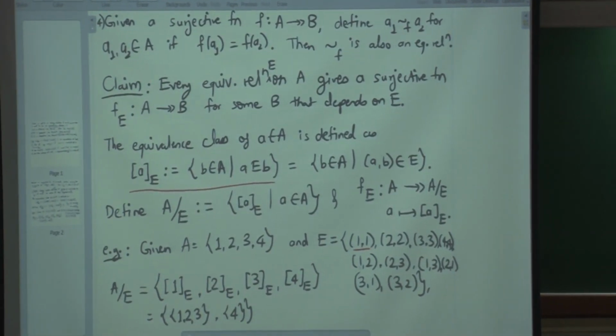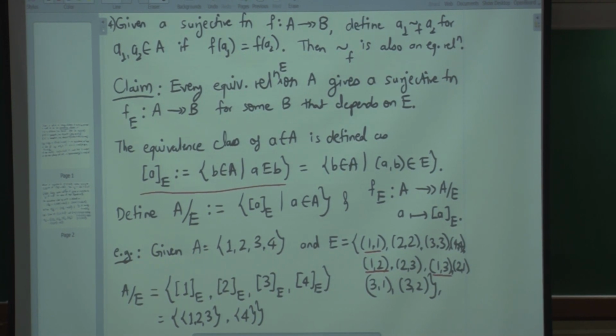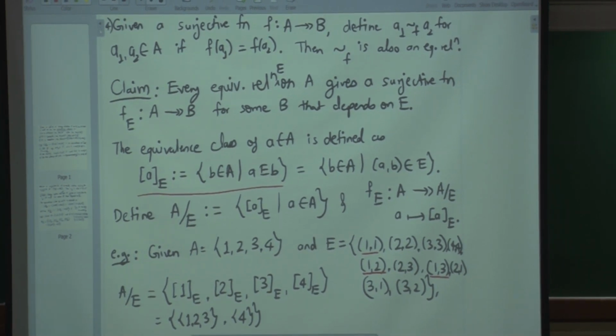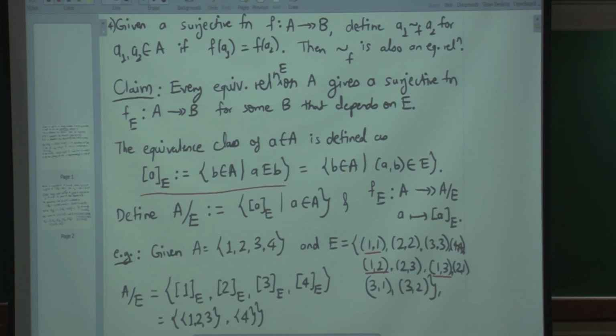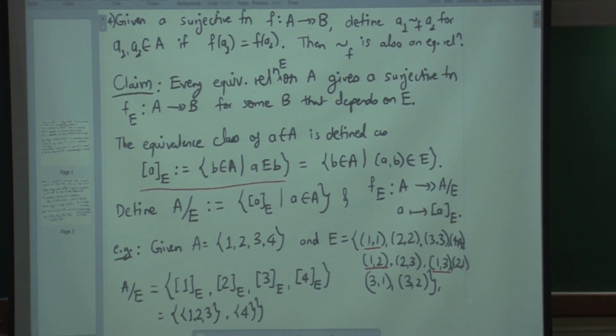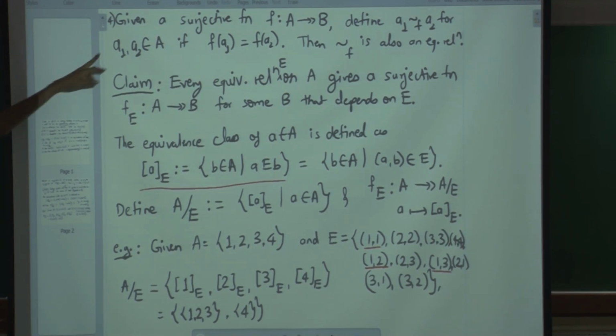Look at this definition: all those elements which are related. Observe here, 1 is related to 1, 1 is related to 2, 1 is related to 3. So which b's can I choose? 1, 2 and 3, right? So given this map from A to A mod E, if you define this equivalence relation as it was done in the first line, you will get back the equivalence relation.